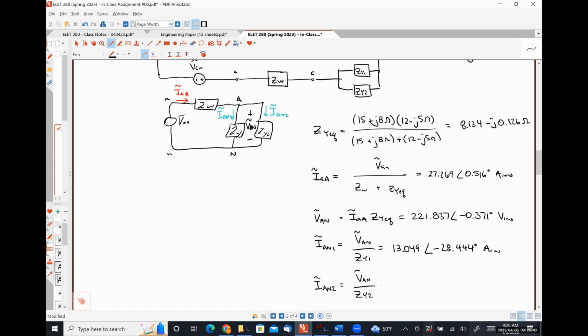And to solve for IAN2, the variable that I have stored in my calculator as Y divided by 12 - 5j, I get 17.064 with an angle of 22.249 degrees.